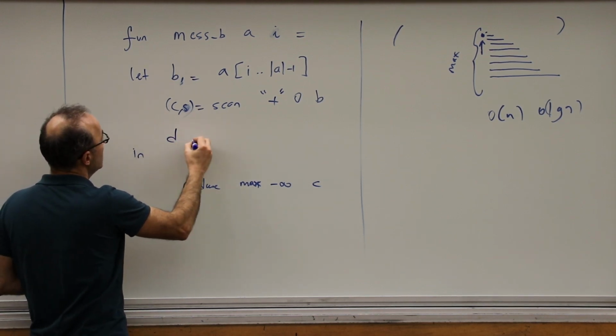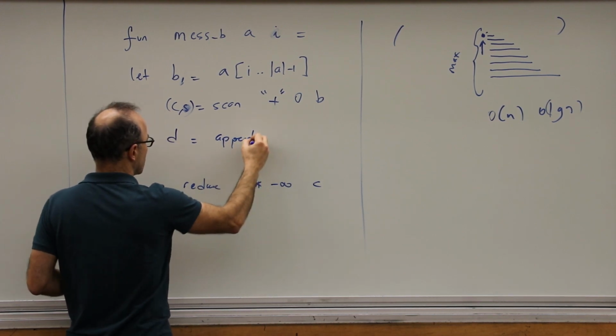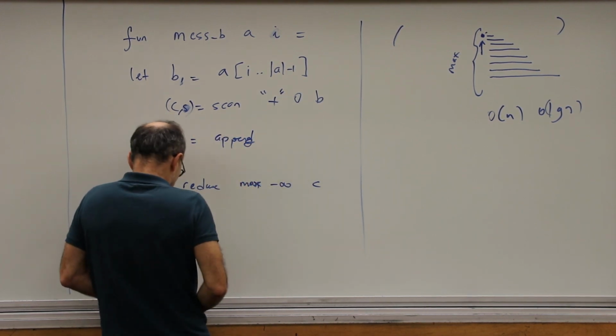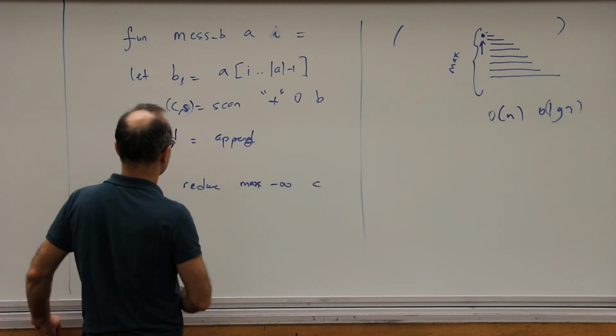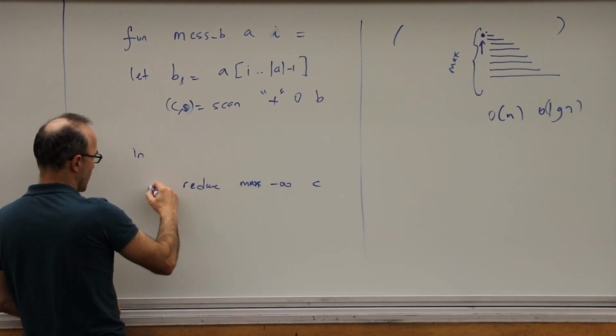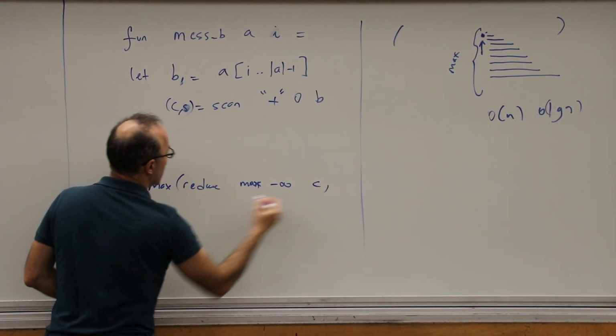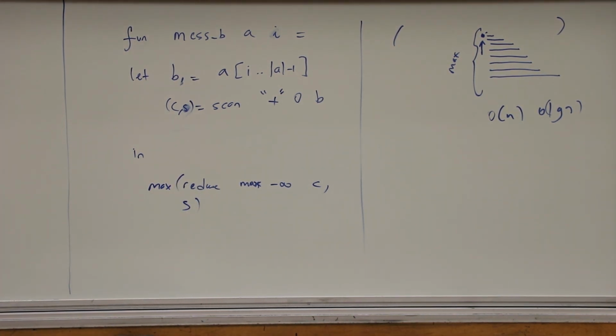Let's say D is C with S appended. There are multiple ways you can do it, but perhaps the easiest way is to take the max of this along with S, so that we consider the possibility that all of the sequence is actually the maximal subsequence. Okay, it's a small edge case, not a big deal.